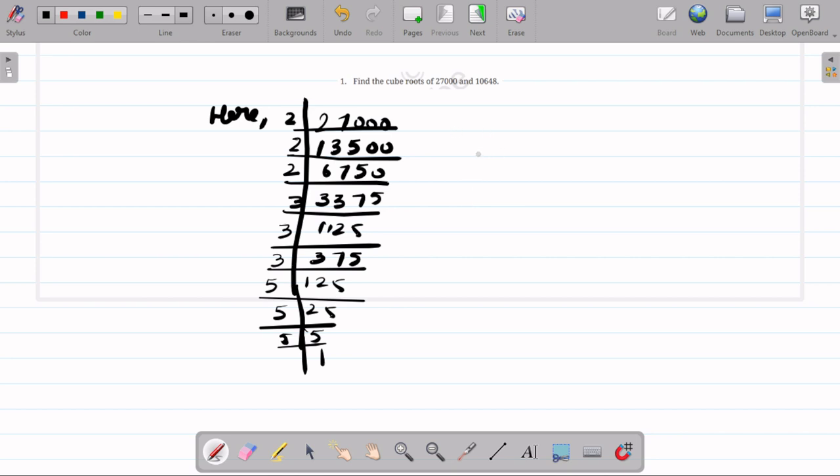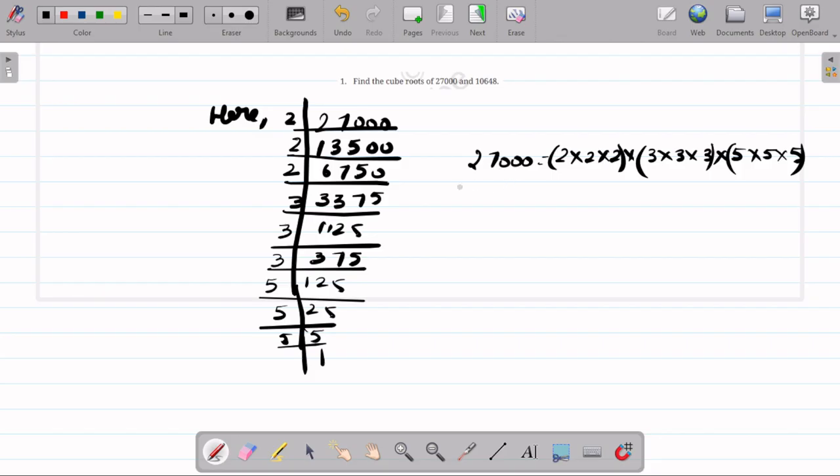So 27,000 can be written as a product of prime factors, and here you will see the pattern is existing in triplets, a group of 3.